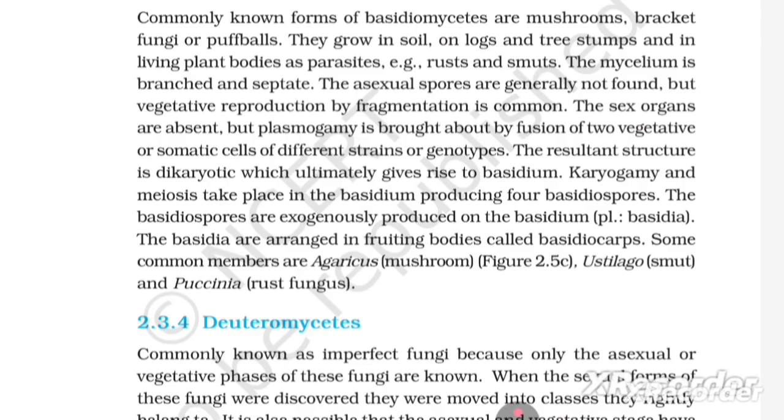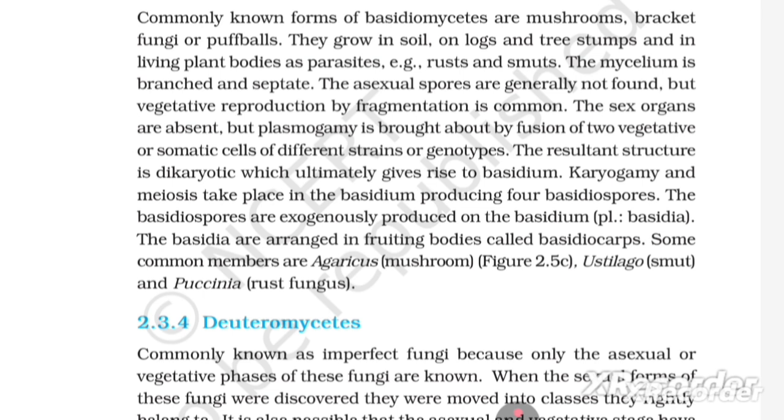The sex organs are absent, but plasmogamy is brought about by fusion of two vegetative or somatic cells of different strain or genotype. The resultant structure is dikaryotic, which ultimately gives rise to basidium. Karyogamy and meiosis take place in basidium, producing four basidiospores.